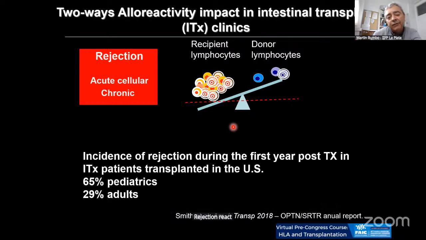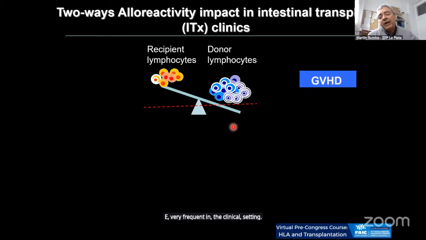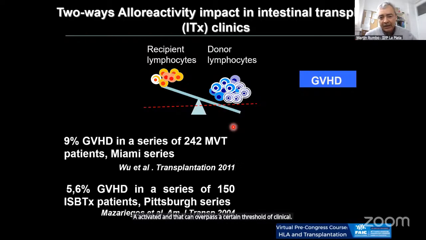And in the case of intestinal transplantation, this is one of the most frequent complications, being very frequent in the clinical setting. But the other way around, if there is an expansion of donor lymphocytes, activated and that can overpass a certain threshold of clinical significance, we can have also, in this case, graft-versus-host disease.